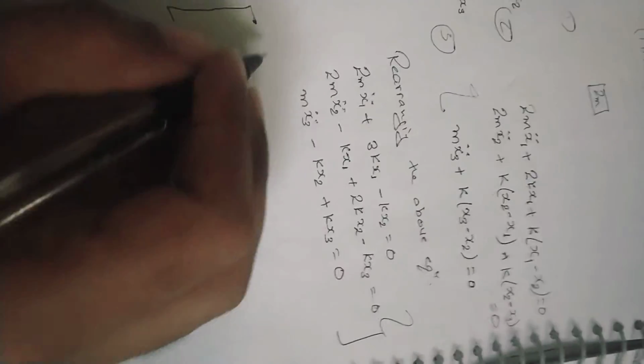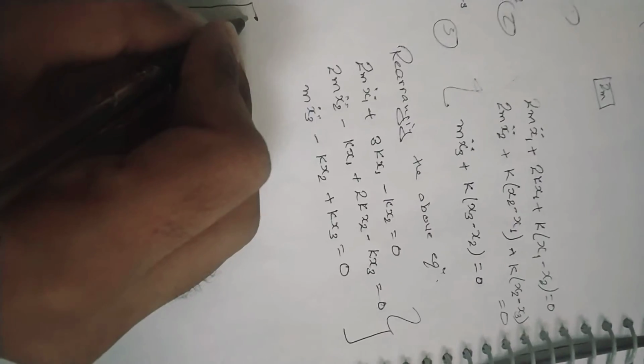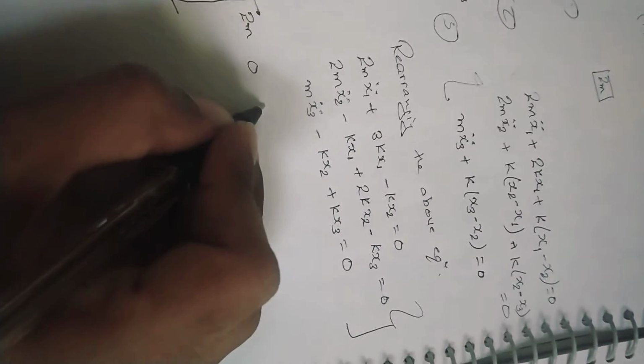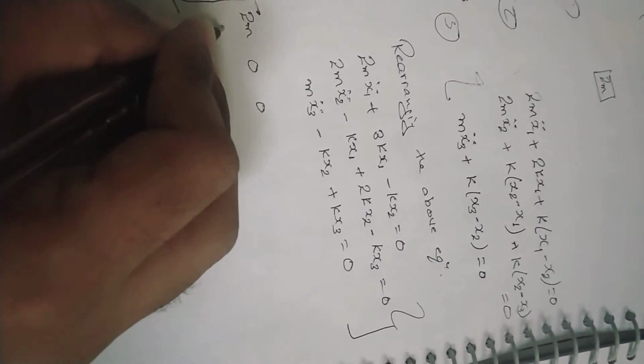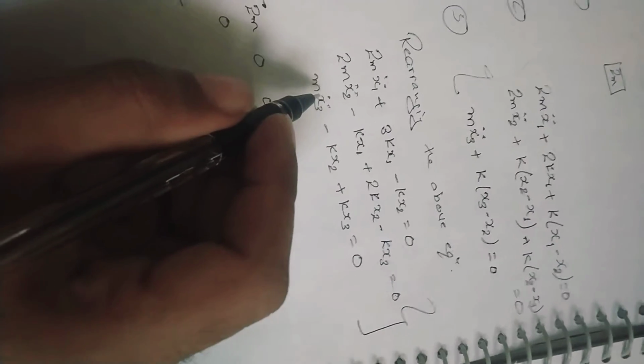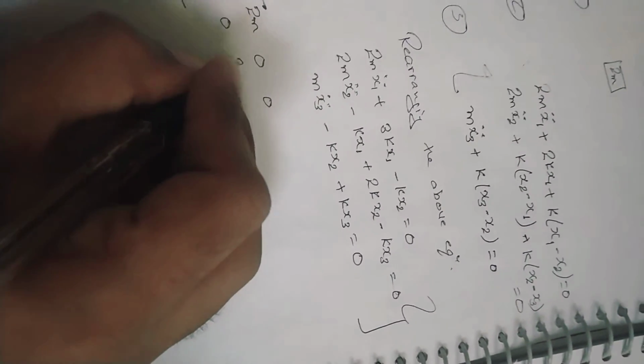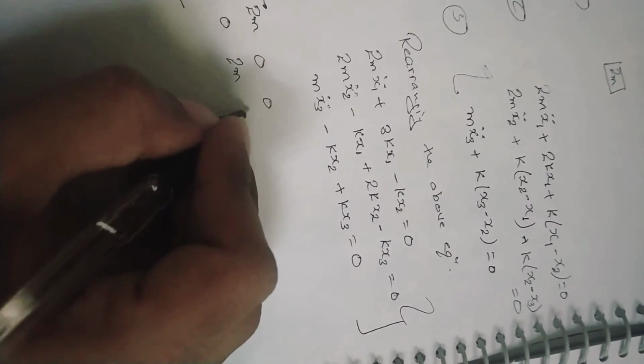Let's do it. Here for x1 double dot we have mass value 2m, for x2 double dot 0, x3 double dot 0. For the next equation x1 double dot 0, for x2 double dot we have 2m, and for x3 double dot 0.